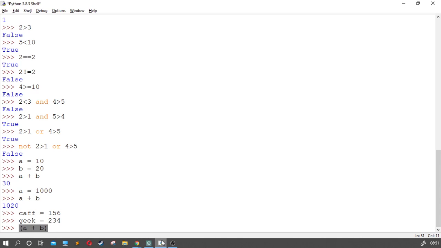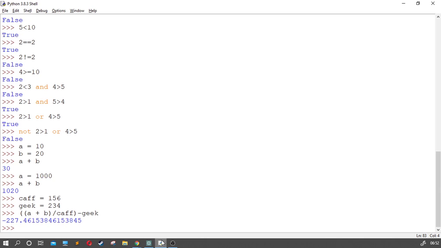Let's go with A plus B divided by CAF. We can use these brackets to actually rationalize how we would like to solve the equation. You can say minus geek, it is negative 227.46. So you can use variables to actually get into the equation.